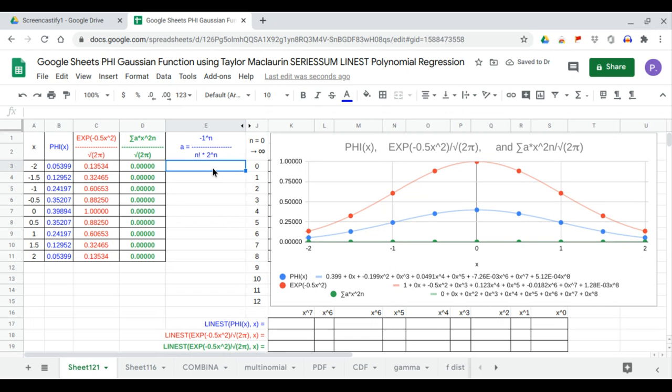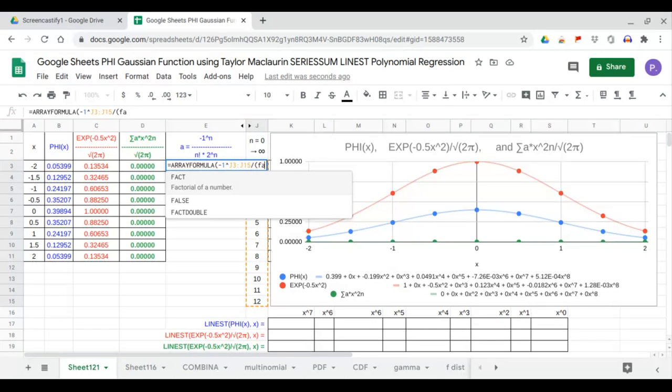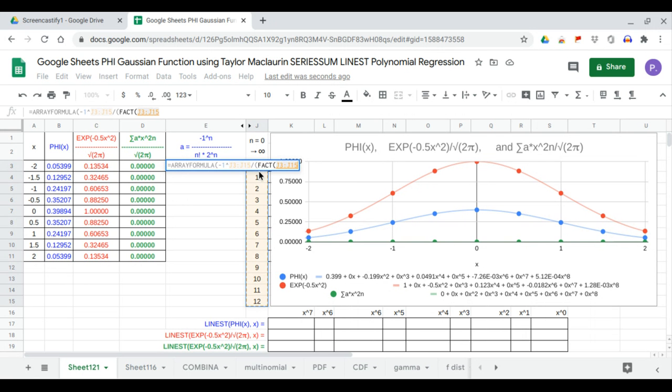Now we can complete the coefficient. So array formula, -1 to the power n, which is these values, divided by, first term is factorial of n, times 2 to the power n.